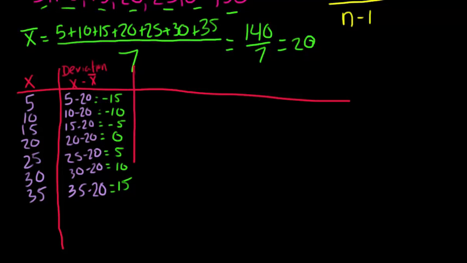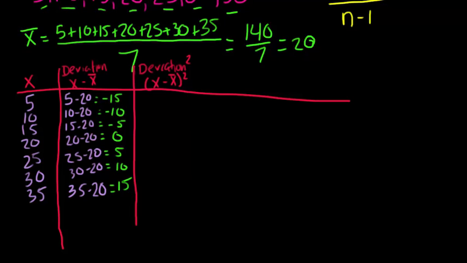Our next part will be deviation squared, which is x minus the mean squared. Now we know what deviation was, so we just need to square each one.